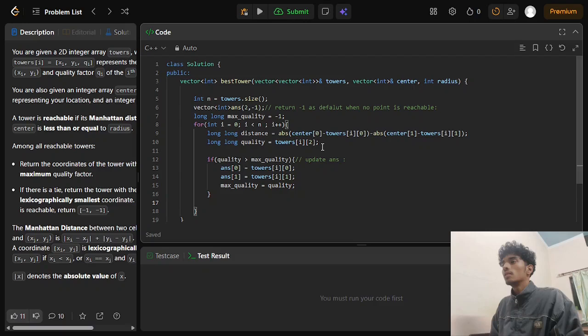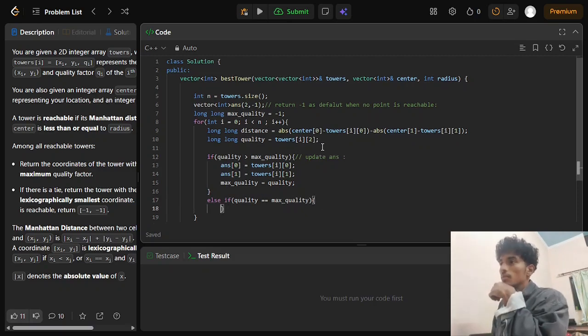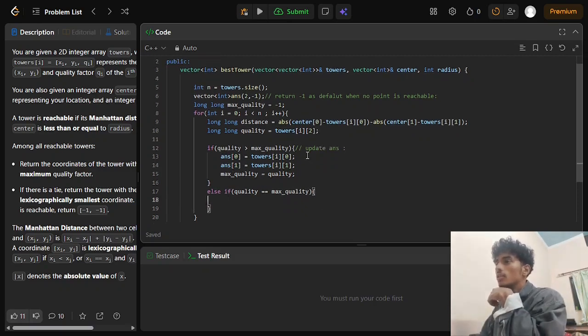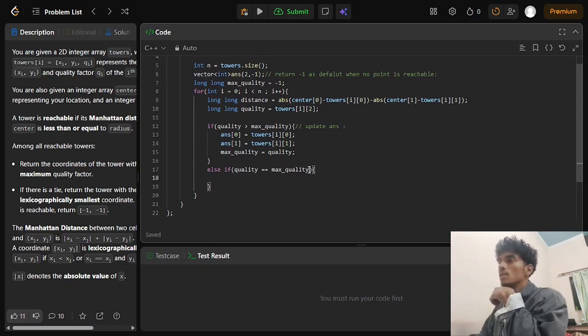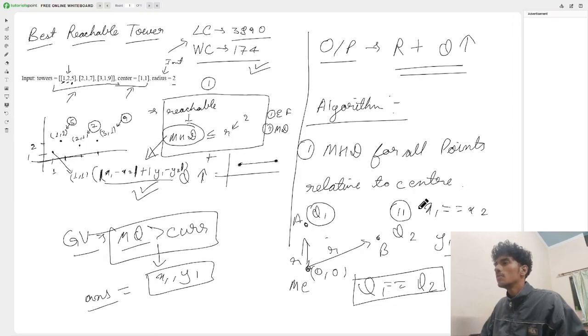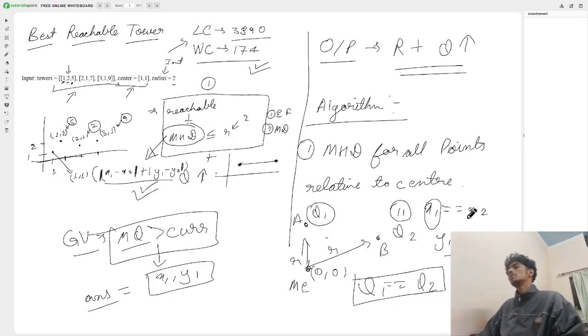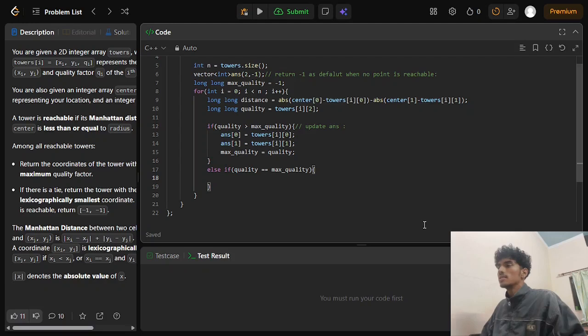In a case where quality is exactly equal to max quality, when both of these qualities are exactly equal, then as I have already told you, we will be checking two conditions. If our particular x1 is smaller than x2, or if our x1 is exactly equal to x2, we will be checking all these conditions.